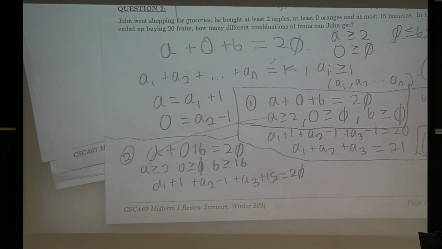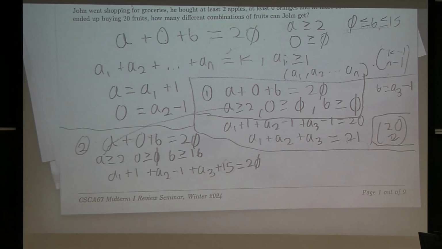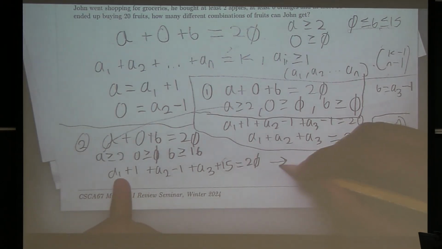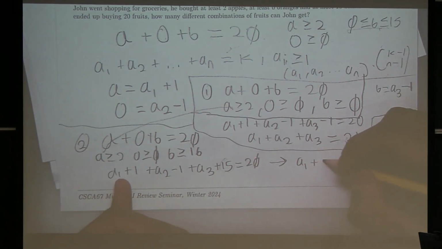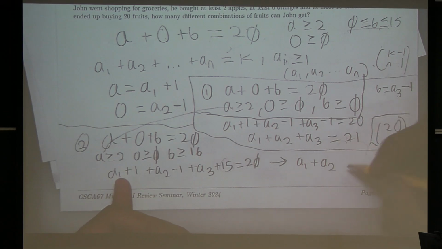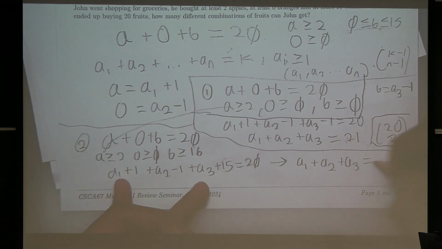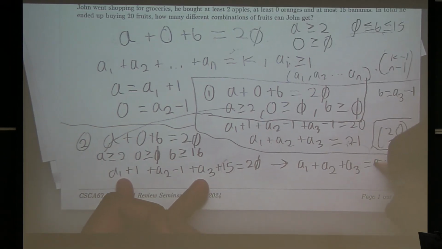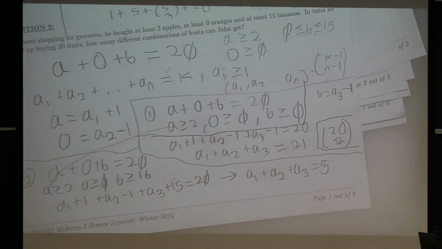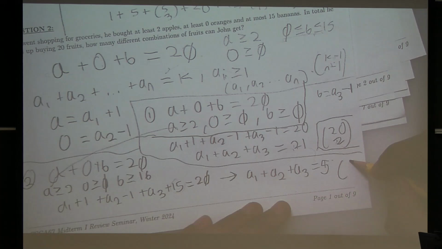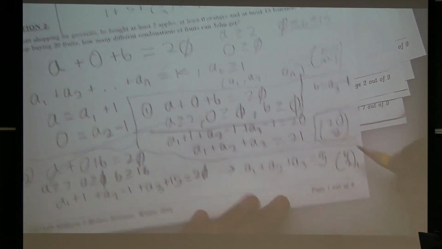When we isolate for the variables, we would have a1 plus a2 plus a3 equals 5. So we use the same formula shown above, k minus 1 choose n minus 1. So we would have 4 choose 2 solutions.